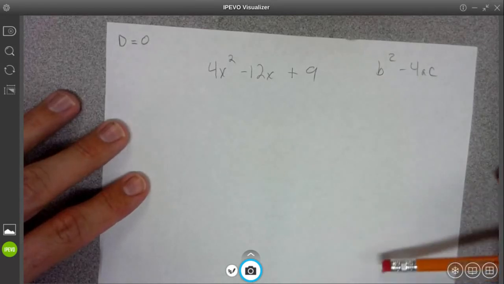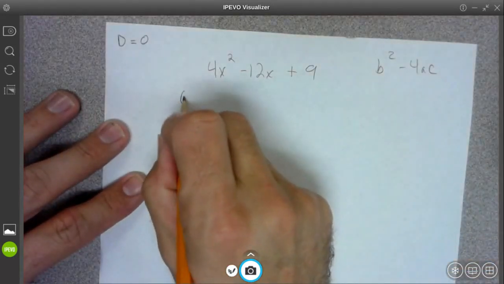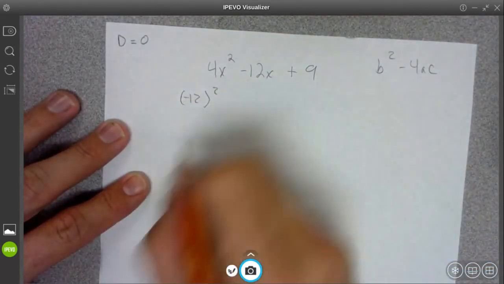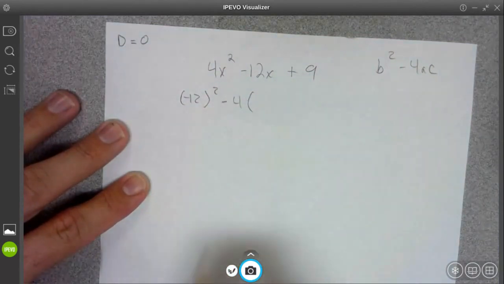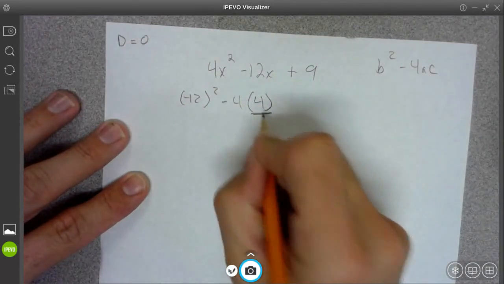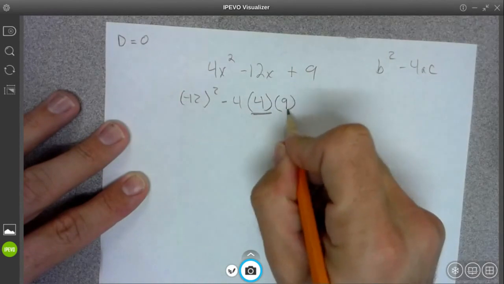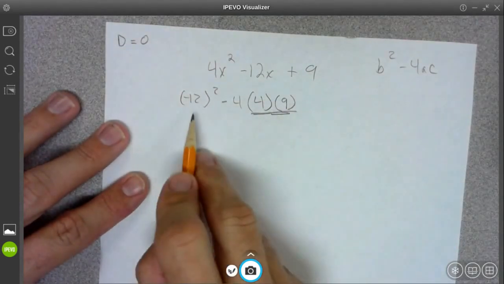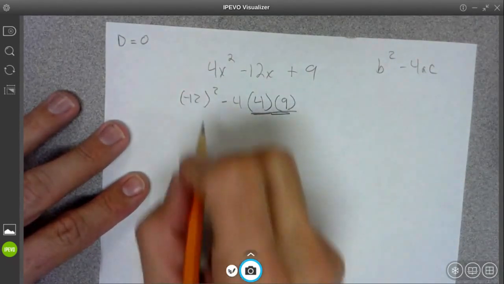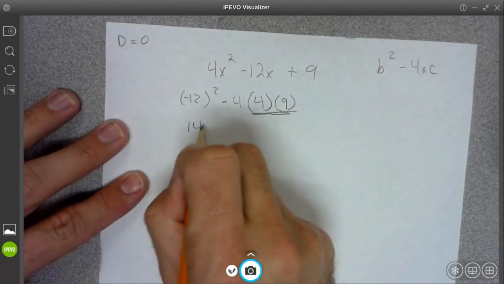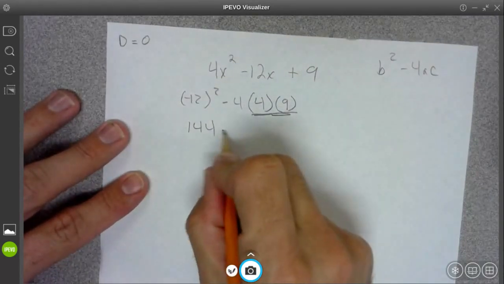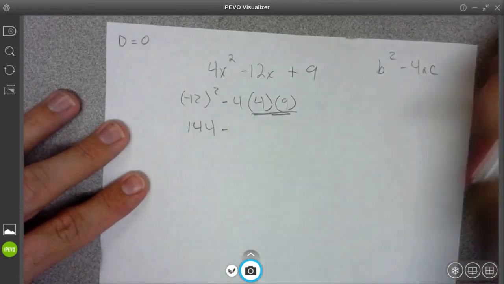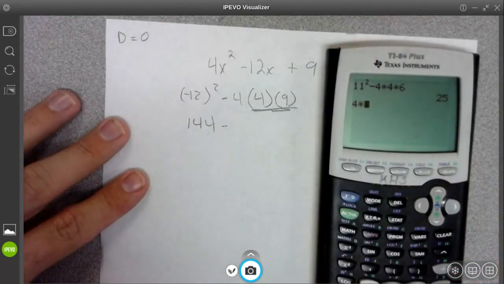That's the discriminant. So b squared is negative 12 squared minus 4 times a times c. All right, negative 12 squared is negative 12 times negative 12 minus, well, 4 times 4 is 16 times 9.